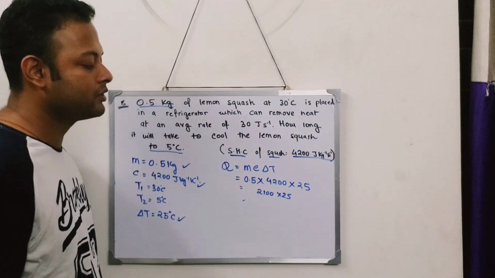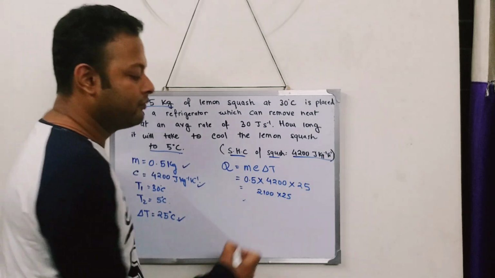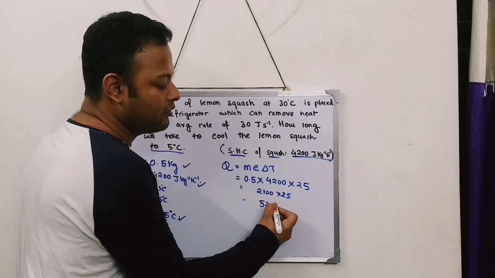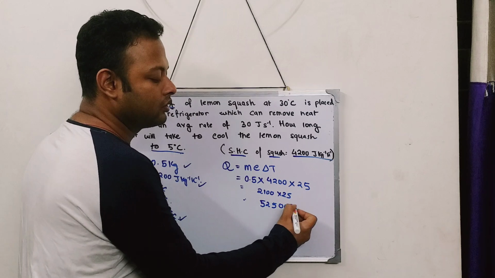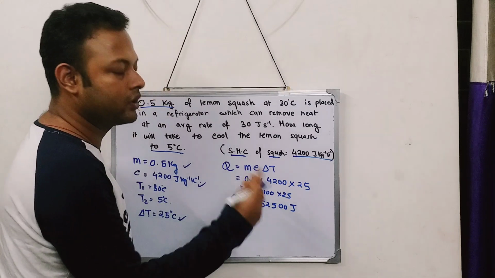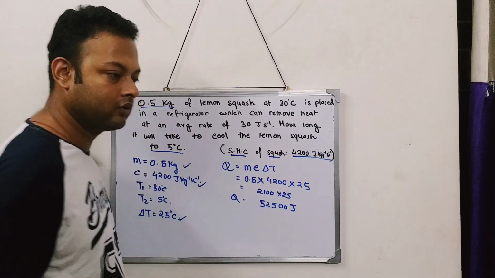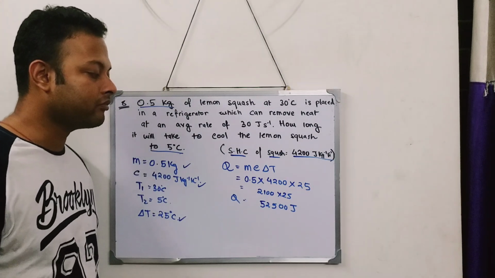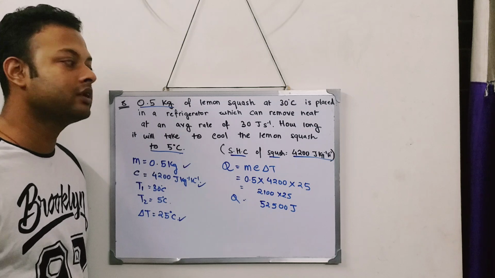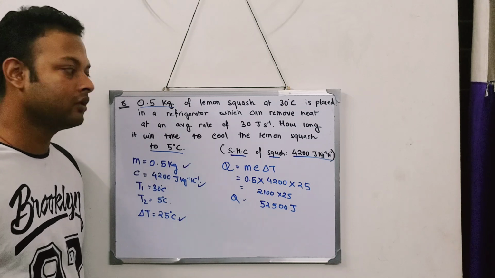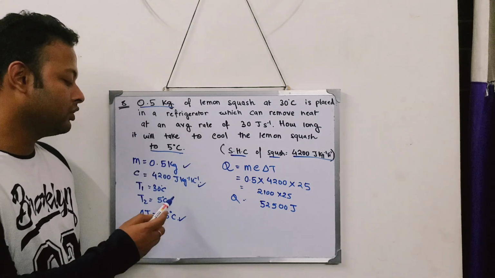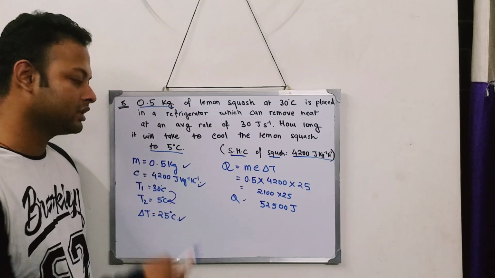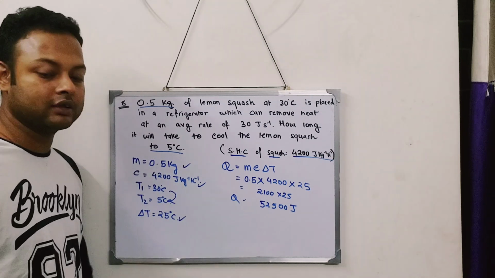It gives you 52500. So this amount of heat, 52500 joules, needs to be extracted to bring the lemon juice from this temperature to this temperature.